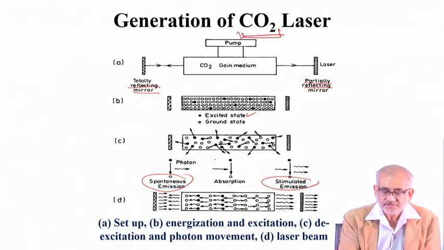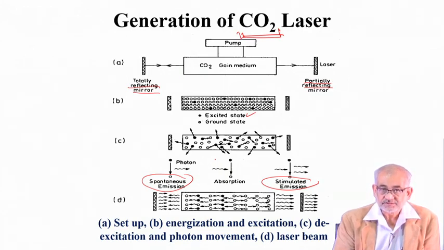So the entire process will require excitation, taking the species to higher energy state, energization, and then de-excitation, falling back onto the ground state, and in the process emission of photons. And these photons initially would be random and subsequently will attain certain coherence.